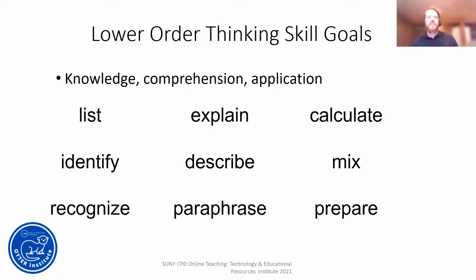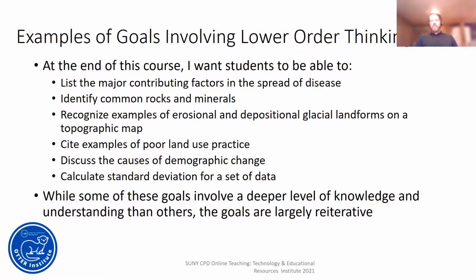And here are some lower order thinking skills goals: listing, identifying, recognizing, discussing, calculating, discussing the causes, right? Again, these things are important for all these courses. They need to be done, but they are lower order thinking skills goals, and really just reiterative, things that students can just memorize and then promptly forget as soon as the course is over.